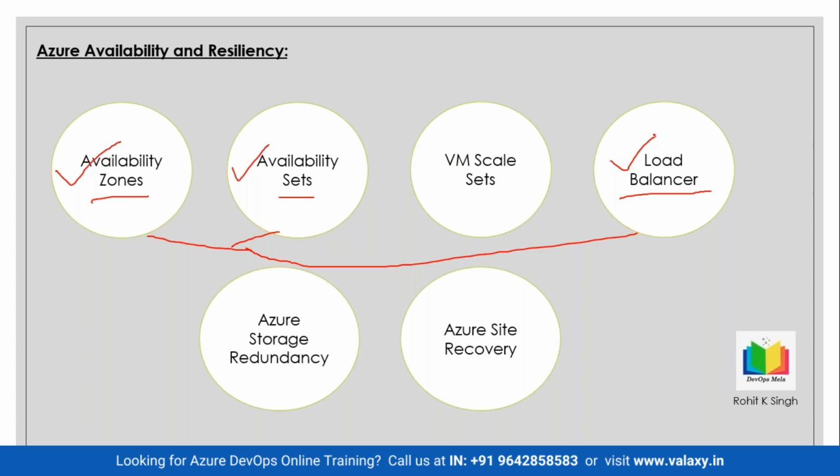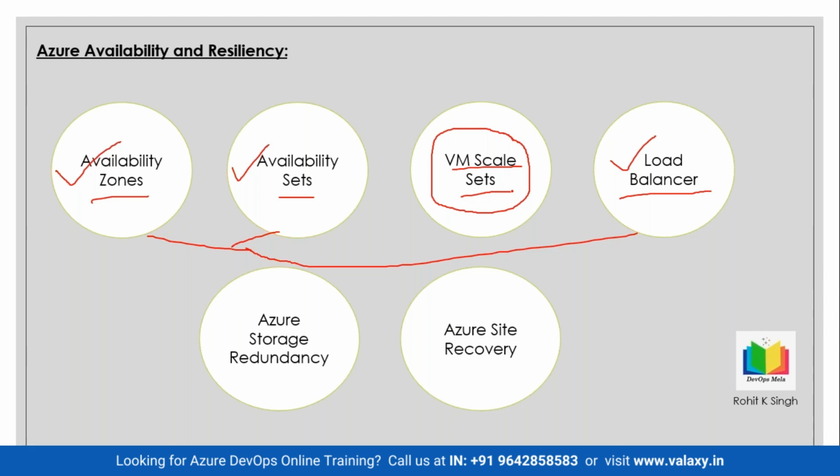In reality, when you're setting up things, you'll be setting up virtual machine scale sets, guys. You'll not be selecting availability zone or availability sets separately. You can do that, there's no harm, but in reality, this is what you will be setting up. Keep that in mind.